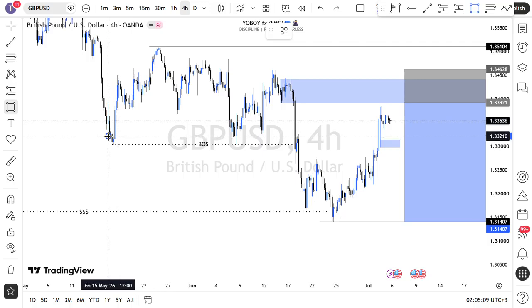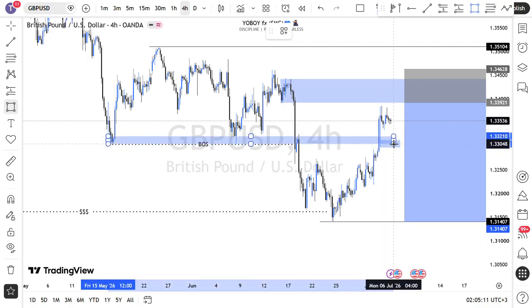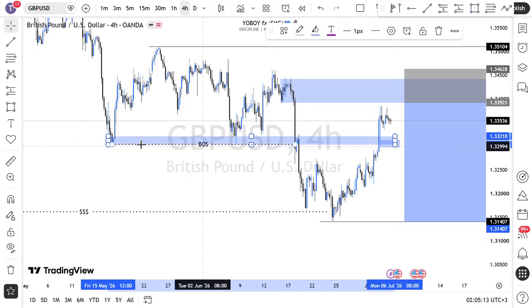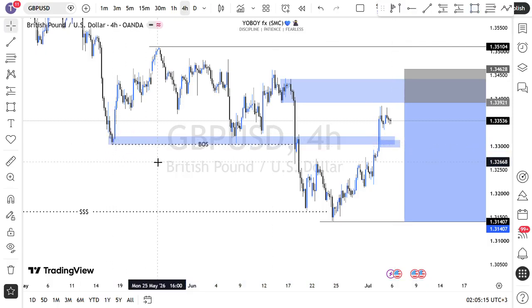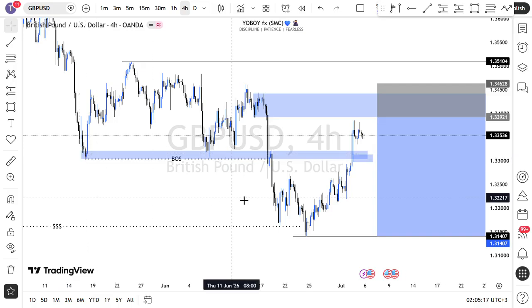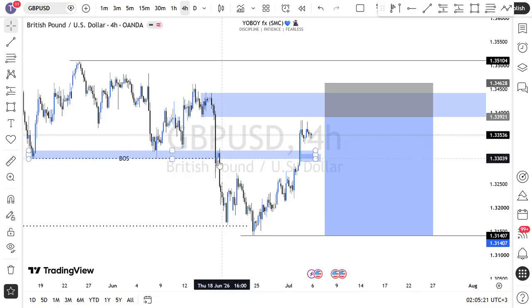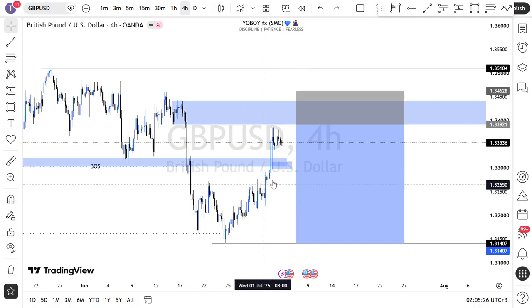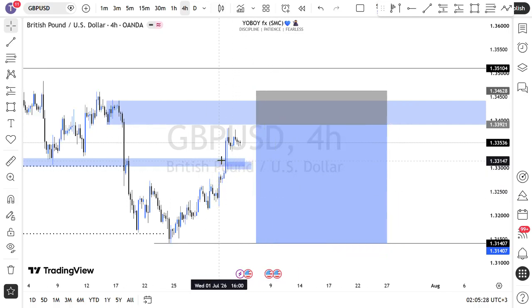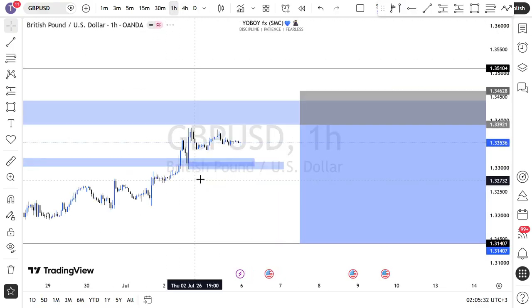The area acted as a support on this side here, another support, and then once the price got to this area, we had the market coming back here, and then a break to the upside. So the market came back to retest that support and resistance level inside the lower time frame. Then we had that massive push to the upside.